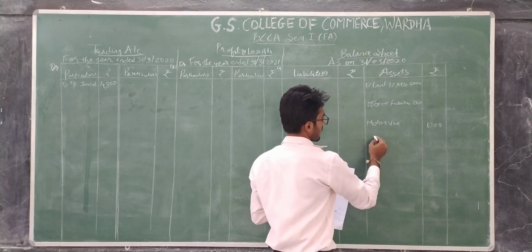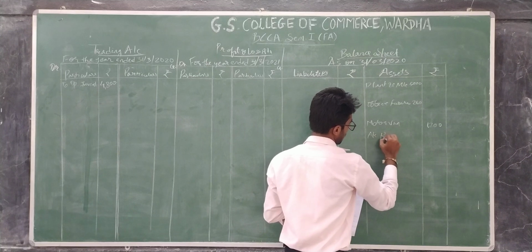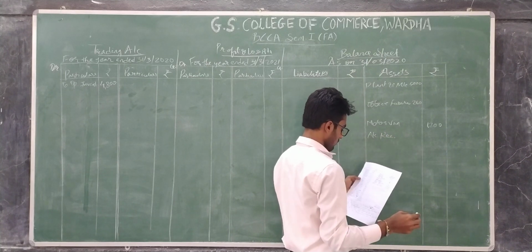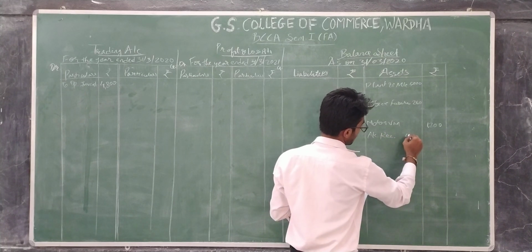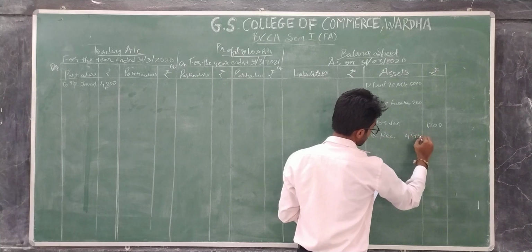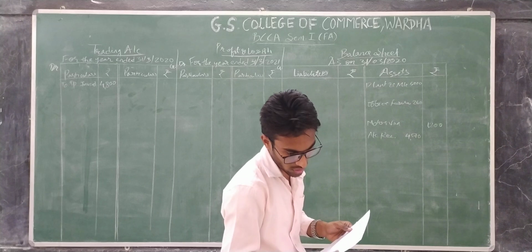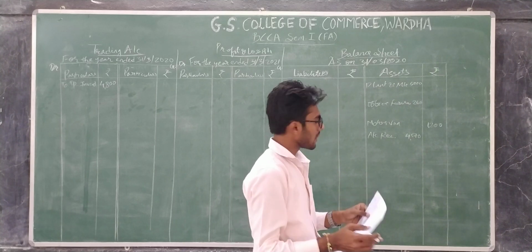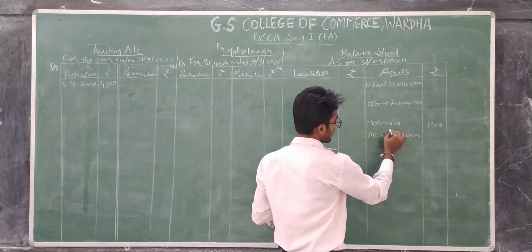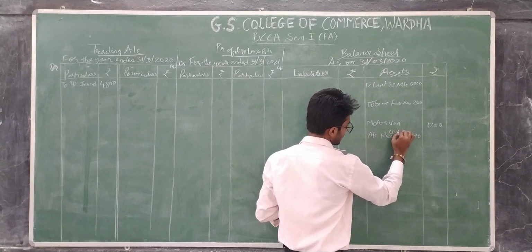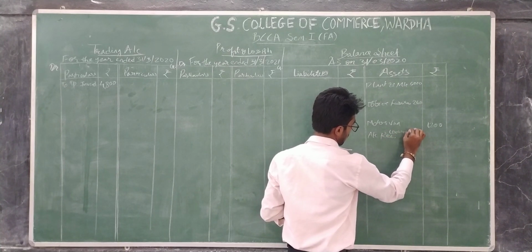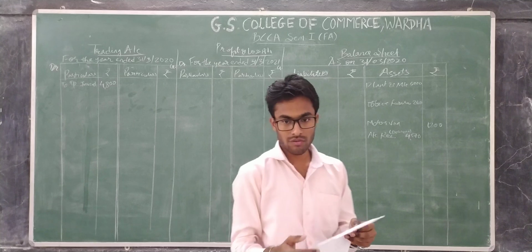Account receivable, again we have to write on this side. Account receivable we write on the inner side, 4,570, because there are lots of things which we have to add over here. Account receivable is generally nothing but your debtors, so I can also write here debtors. Then we have cash.